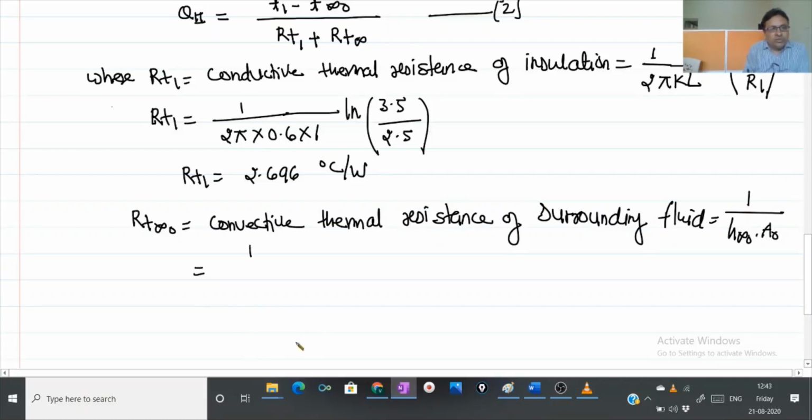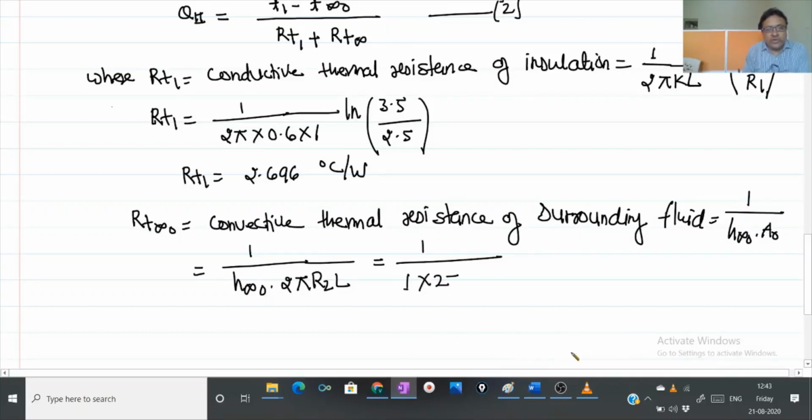So 1 over H infinity O into outer area of the cylinder, which will be 2 pi R2L. Putting these values, H infinity we have taken as unity, 2 pi, R2 is the outer radius of insulation, into L as unity.